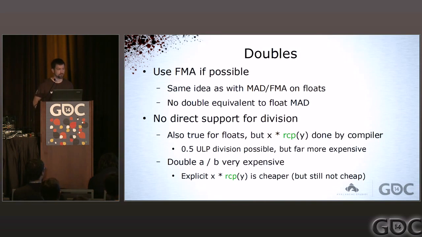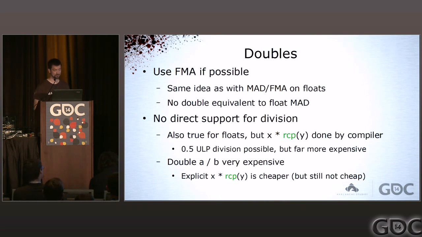There's no direct support for division for doubles, actually not for floats either. It's all handled by the reciprocal and the multiply. And for floats, the compiler is happy with just those two things, because the standard allows up to 1 ULP there. It's possible to get the 0.5 ULP precision if you absolutely need that. The hardware has a few instructions for improving the rounding, but it's a lot more expensive.